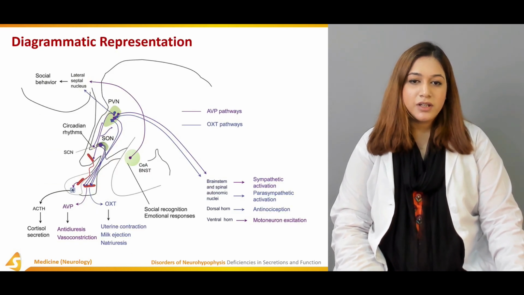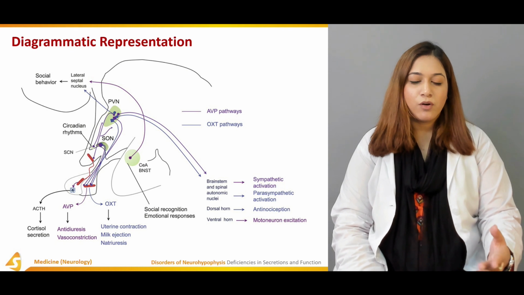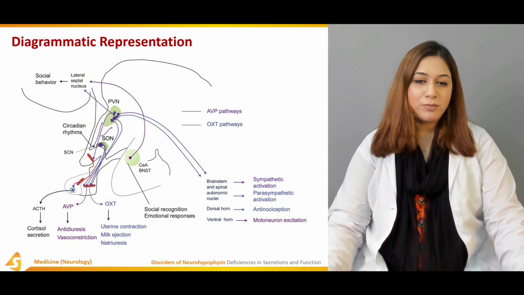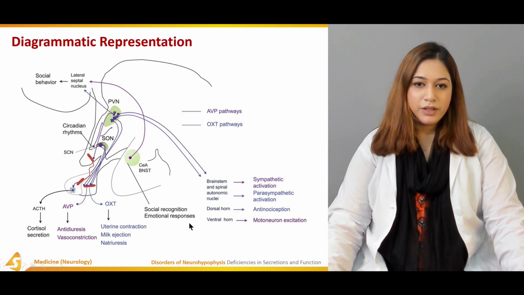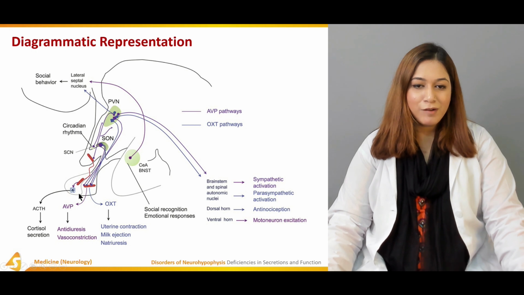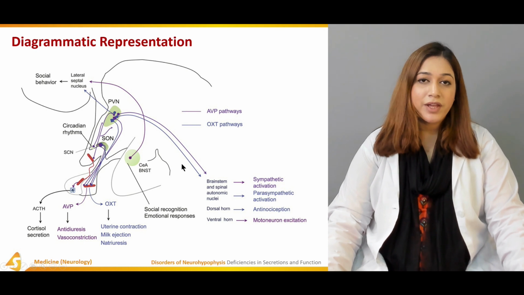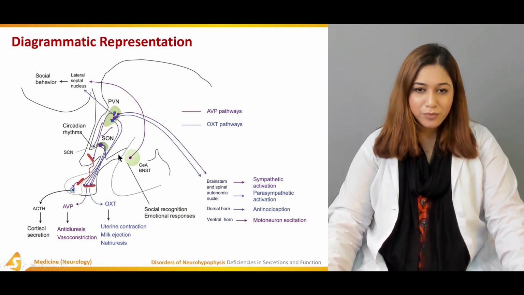Now, this is the diagrammatic representation of the paraventricular and supraoptic nuclei of hypothalamus. This is hypothalamus, and this is the infundibulum, and here we have the pituitary gland. This is the anterior pituitary and the posterior pituitary. These arrows are basically the main pathways and the effects of AVP and oxytocin.